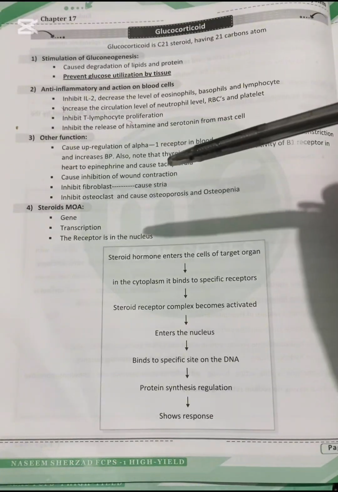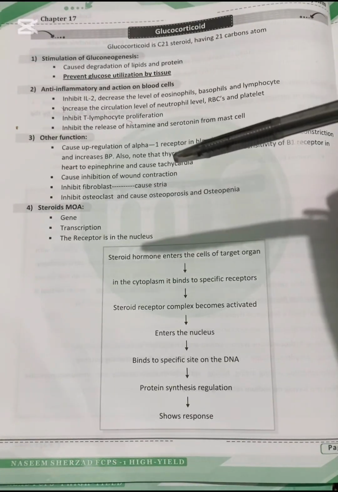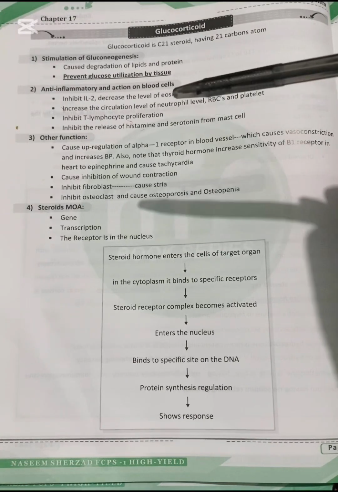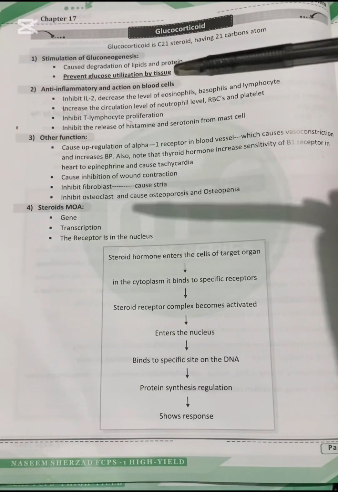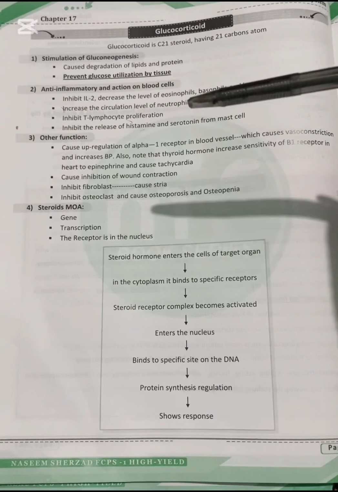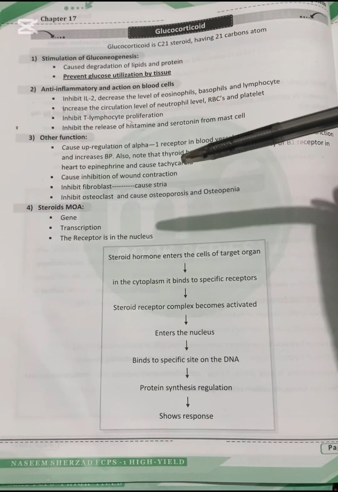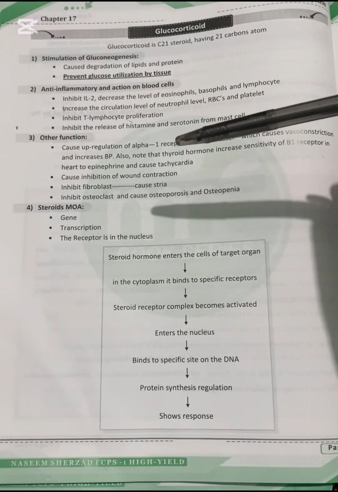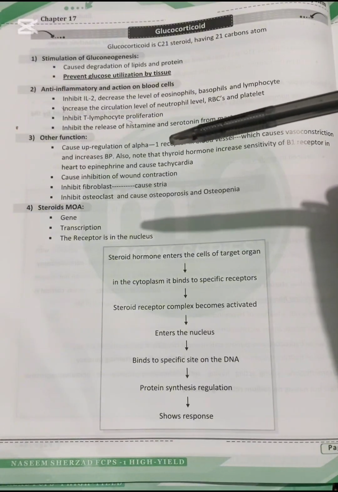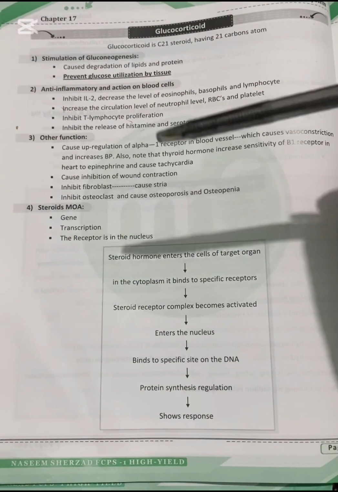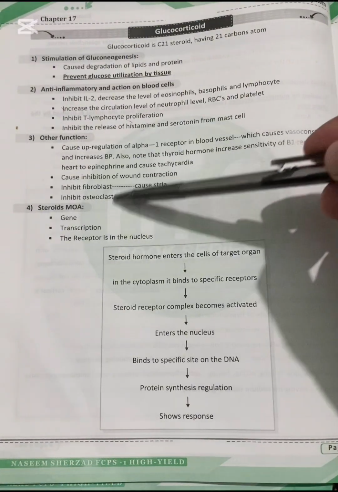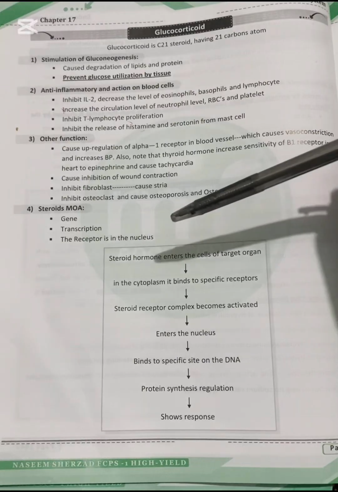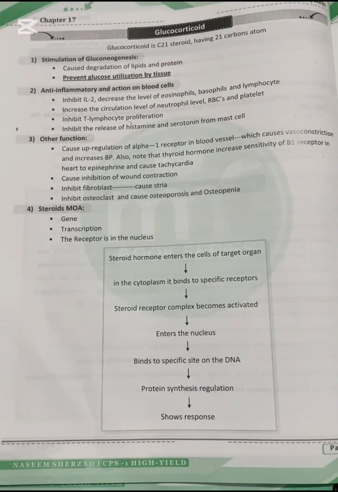So if you look at your clinical practice, a patient on prolonged steroid will suffer from oral thrush, will be prone to infection, and can suffer from osteoporosis. He is in a state of immunosuppression, so he is prone to infection. This is the mechanism of action of steroid, because they are asking about it in a question which I have already explained, so I don't want to go into detail.